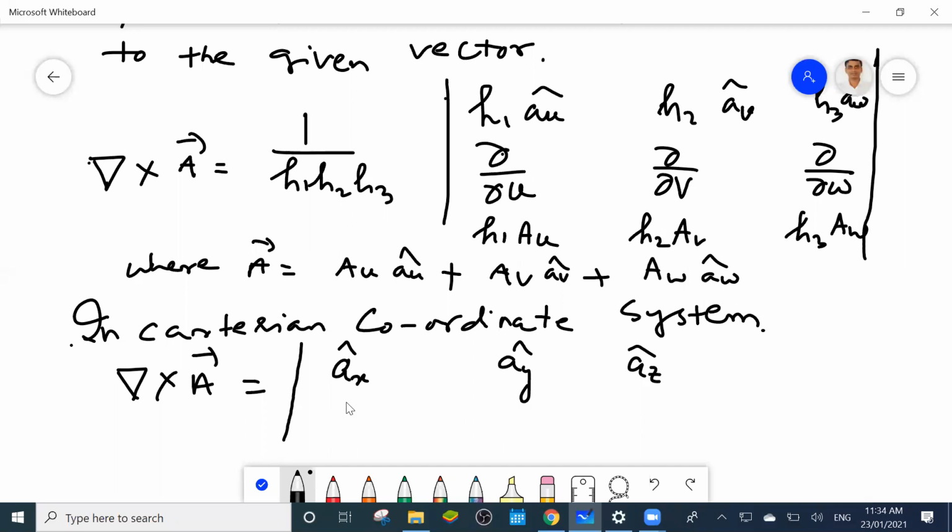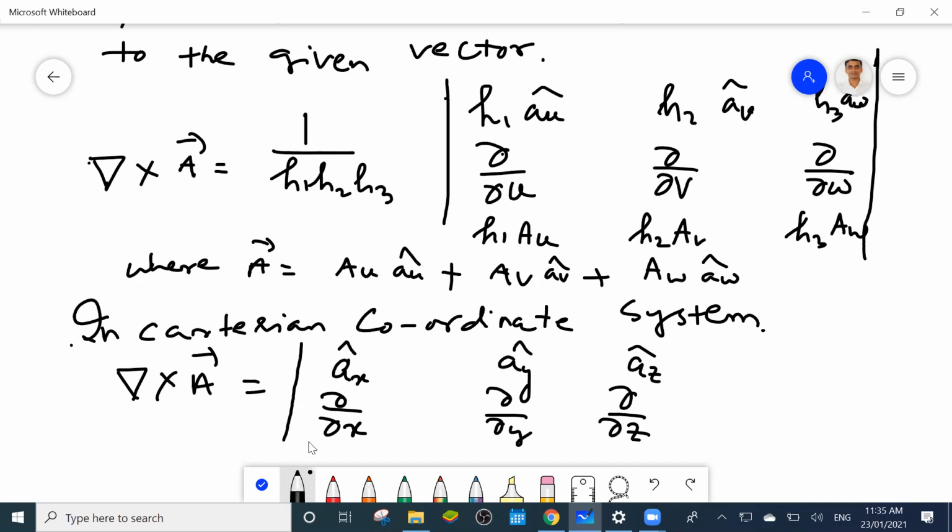In place of del u, what? Del x. So del x, del y, del z. What is the third row?